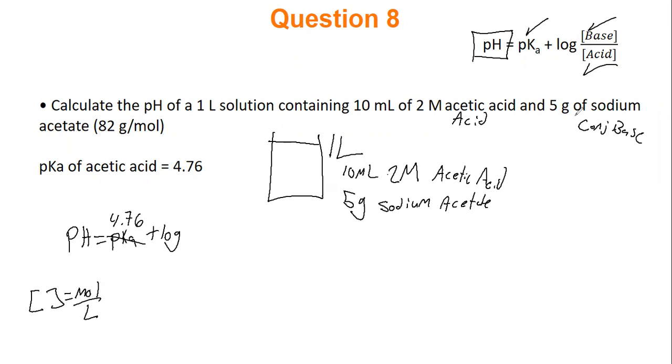I have a weight of base here, 5 grams of base, and I know that for every 82 grams of base, I get 1 mole of my base. So I'm taking my weight and dividing by my molecular weight to get the amount of moles. So 5 divided by 82 is 0.061. I'm just rounding here.